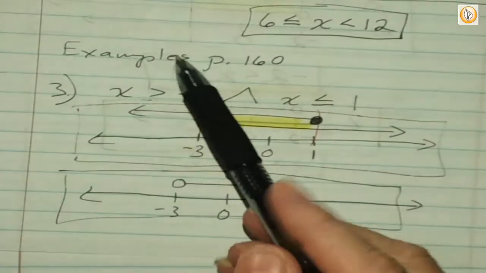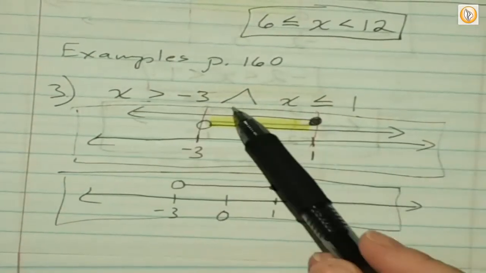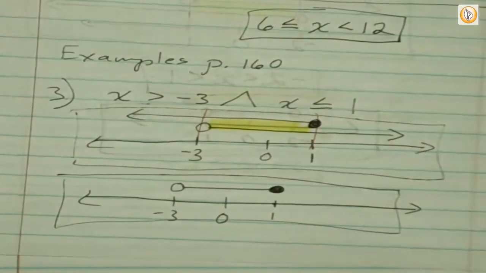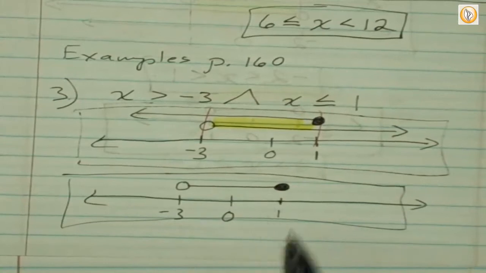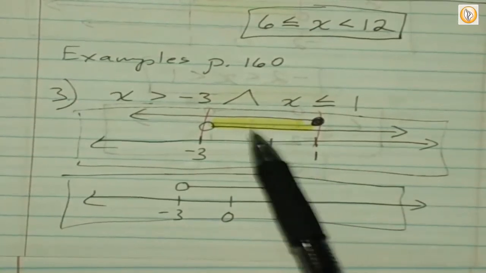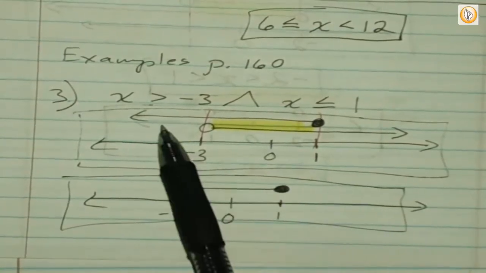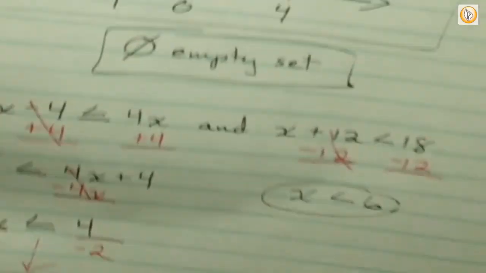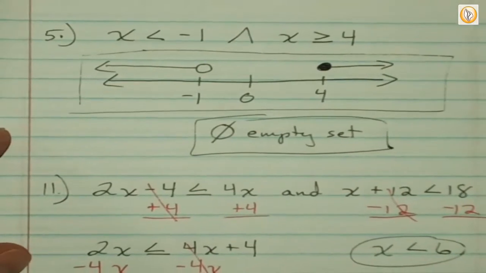All right, we did number 3. As you can see, this was easy, and that tells you "and." So we graphed it, and here's our answer. Again, you can either highlight this or rewrite it without all the extra. We did 5.